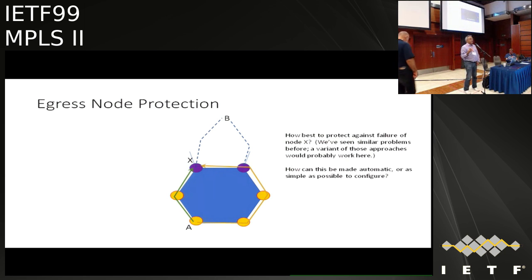what do you do? And so you really want to go to the other node and then go into the bigger network. And so the question is, how do you do this? And like I said, we have techniques for this. The other question is how to make this really simple to configure, how much of this can be done automatically. And this is all part of trying to make these rings as close to self-configuring and self-managing as possible.